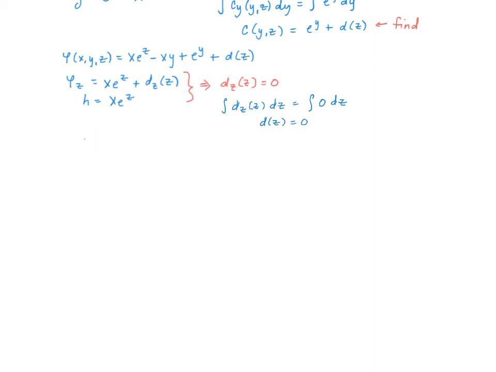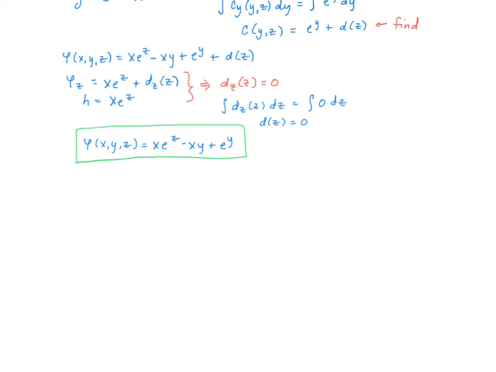And that tells me that my potential function is equal to x e to the z minus xy plus e to the y, which I found by sort of doing some educated guessing.